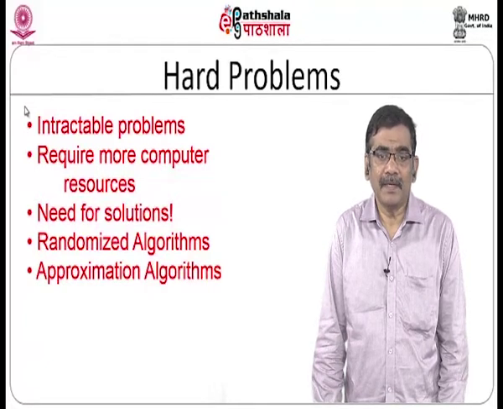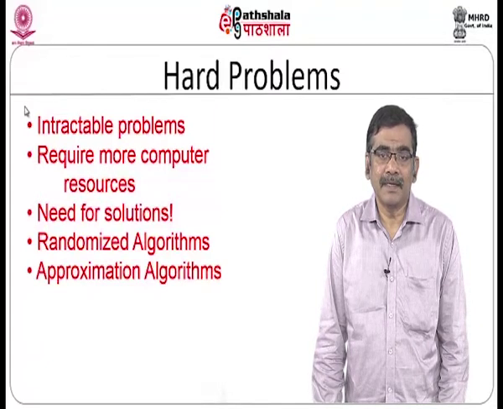Another way of solving this is by means of approximation algorithms, where you will be using the principle of restrictions, where you will try to reduce some of the constraints, then solve the problem under the reduced set of constraints, then say that this is the near optimal or near approximate solution.